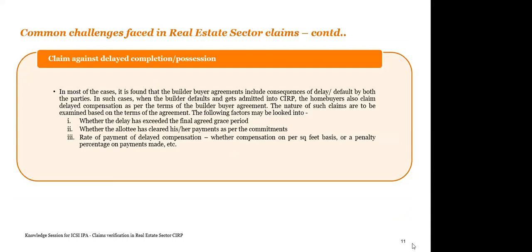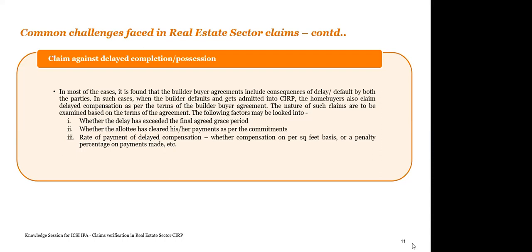So thereafter, on the same ground, comes the claim that relates to the compensation asked for the delay. So we have to again be cautious to check the builder buyer agreement to see whatever compensation has been offered for the default or delay.